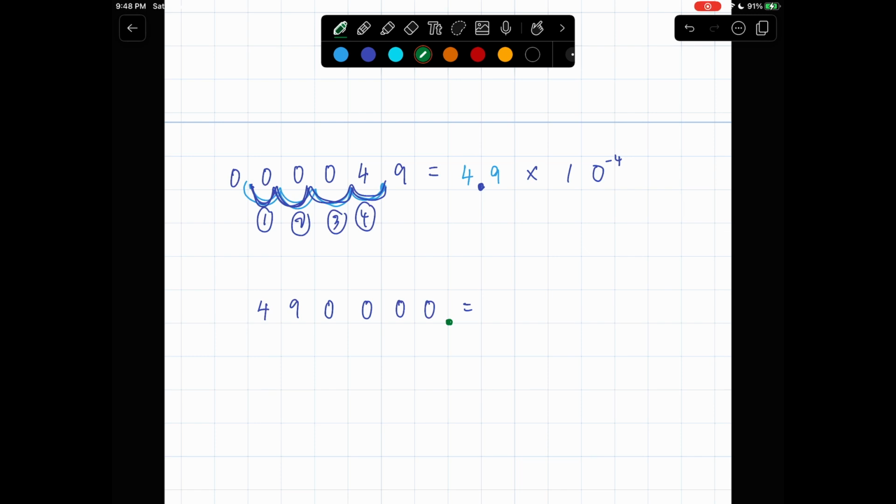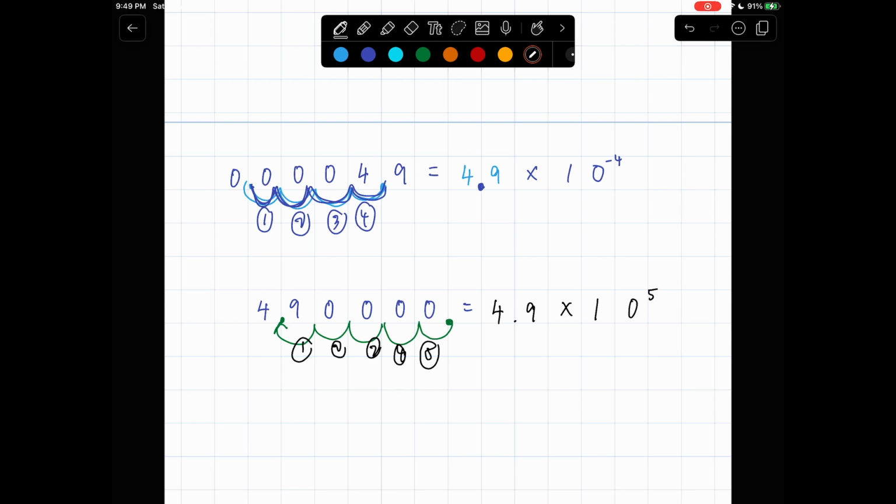Let's see how many places the point has to go in order to become a number less than 10 but more than 1. The same concept: on the left hand side of the decimal point, there has to be one non-zero number. So again, let's go 1, 2, 3, 4, and 5. So you will have 4.9 times 10 to the power of 5.